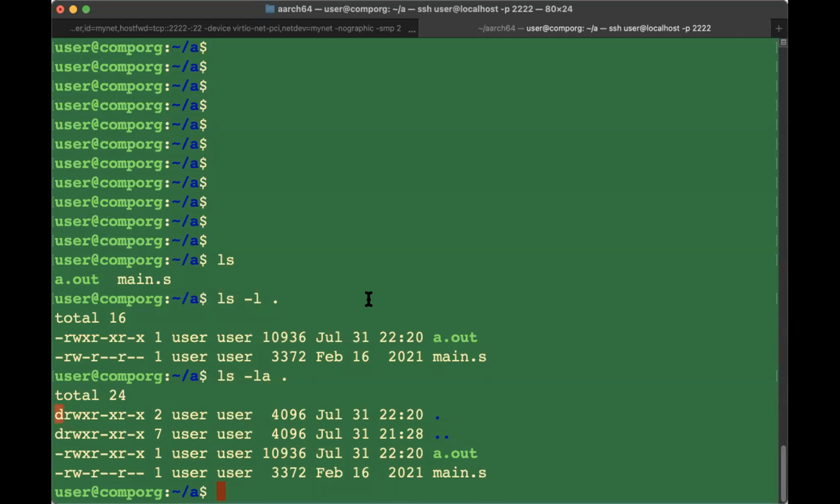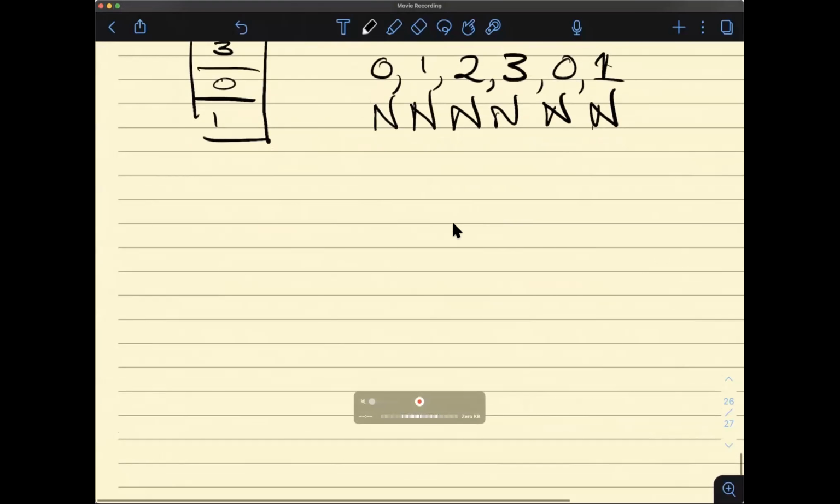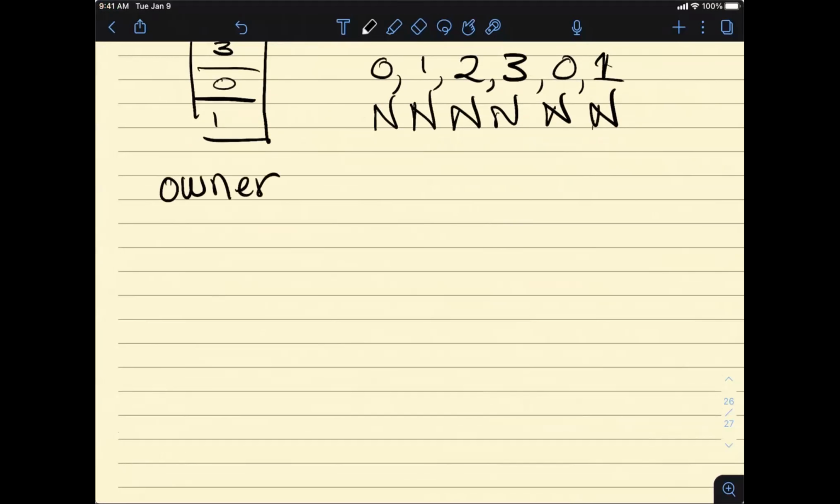In this case, dot and dot dot have the letter D, which stands for directory. And then in every case, you have 9 more digits. And these digits correspond to the permissions that the owner, the group, and then everyone else have.